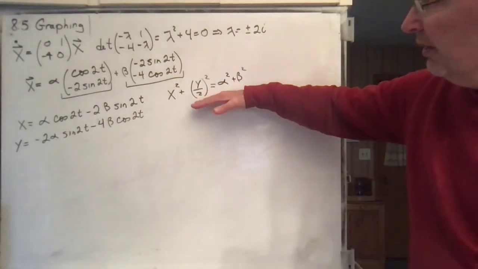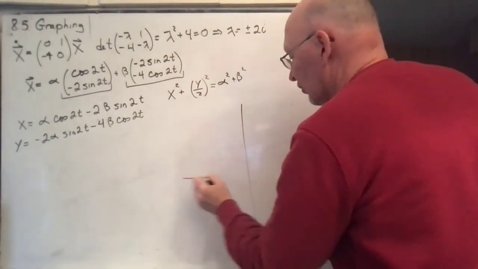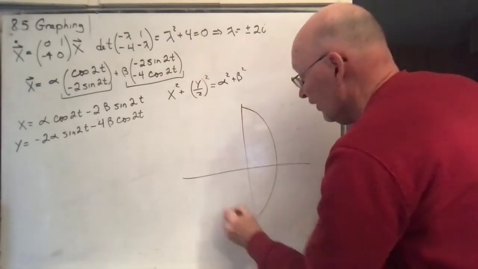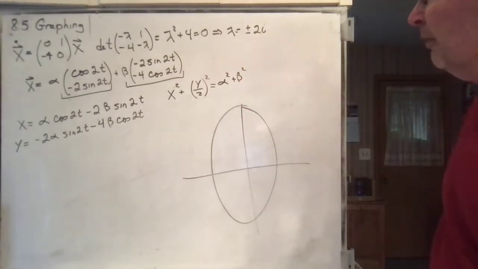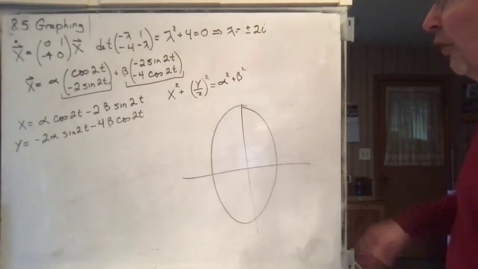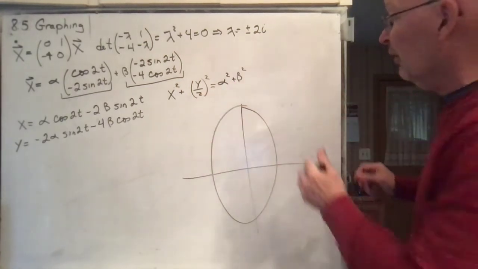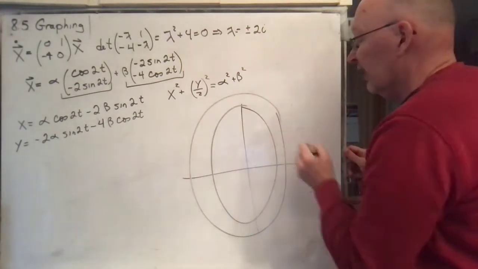And that's the graph of an ellipse, where the y value is twice as high as the x value. Looks something like that, and the size of it depends on alpha and beta, but it's going to be some sort of an ellipse. Depending on what alpha and beta are, those are your different solutions. They're just going to be different solutions that look like this.